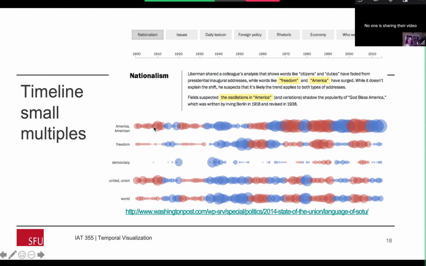Freedom as a kind of political term wasn't really mentioned very frequently up until about 1930, but from 1940 on, it's starting to become fairly common in inaugural addresses. Whereas democracy does show up here and there, and the world has shown up fairly consistently, perhaps less commonly before World War II than in later years.